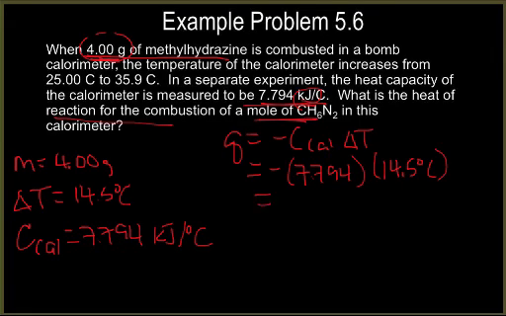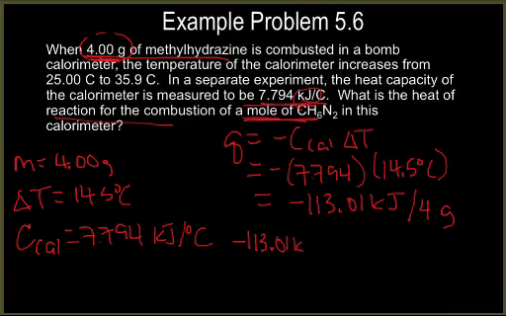So our Q for this particular reaction is negative 113.01 kilojoules. The negative means that that much heat was released when that substance burnt. But this is per 4 grams. So the question's asking for the heat of combustion per mole. So we're going to set up a little conversion down here. Negative 113.01 kilojoules per 4 grams.